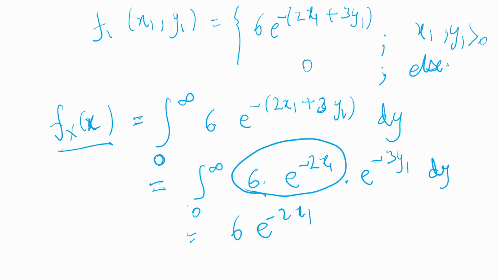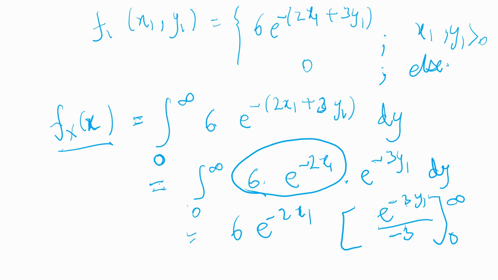So the integration of e to the power minus 3y1 will be e to the power minus 3y1 divided by minus 3. If you don't know the direct formula, you can put 3y1 equal to t, so y1 is t by 3, and then solve it. The limits are 0 to infinity.